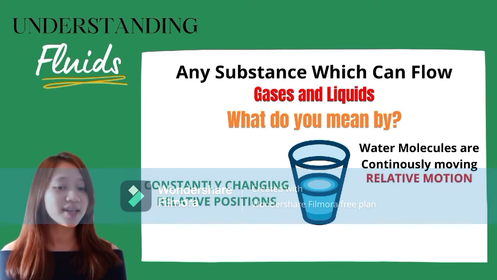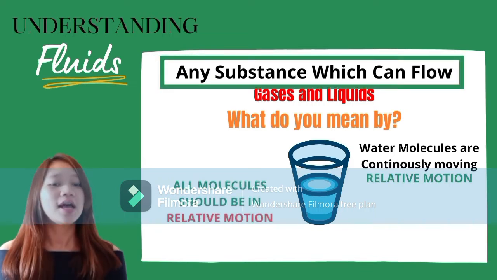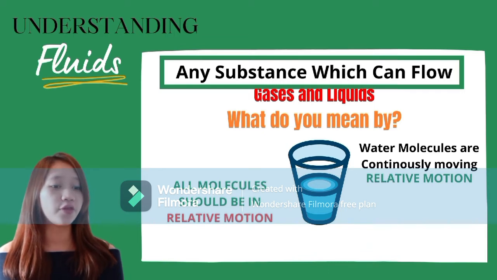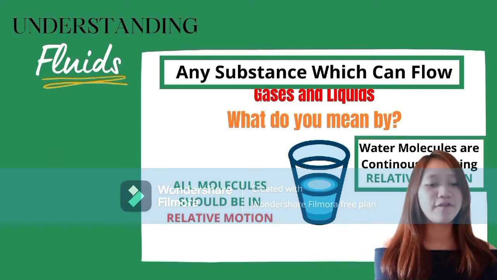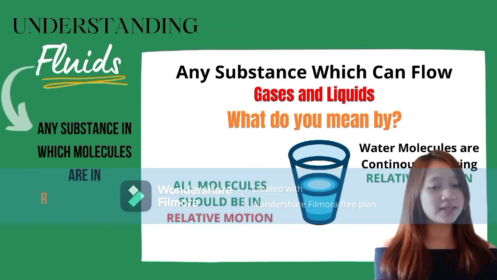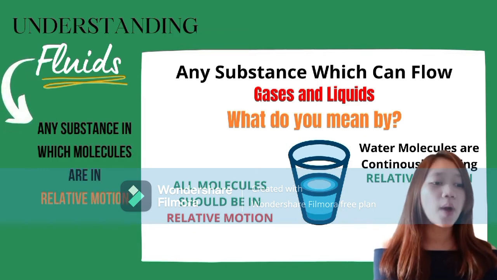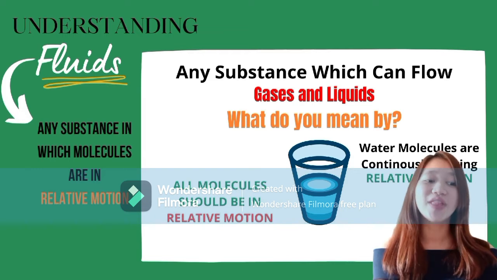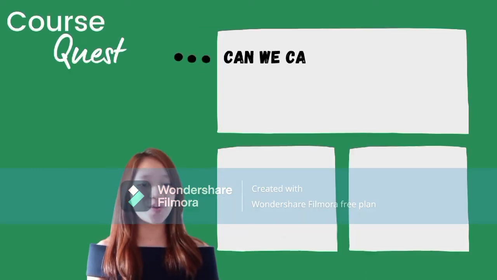The definition "substance which can flow" means that all molecules should be in relative motion, like the water molecules. This is the most standard definition of fluids: any substance in which molecules are in relative motion, in relative flow, is known as a fluid.